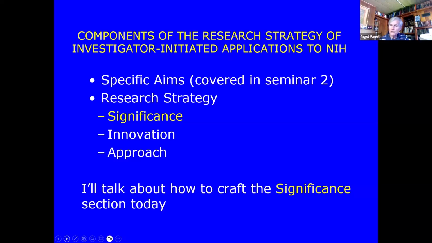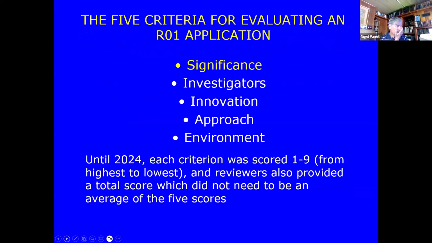However, as I'll show you, just this year there's been a slight modification, not to this structure, but to the way this structure is weighted or evaluated by reviewers. Until this year, each of these 5 categories was scored 1 through 9, with 1 being the best.